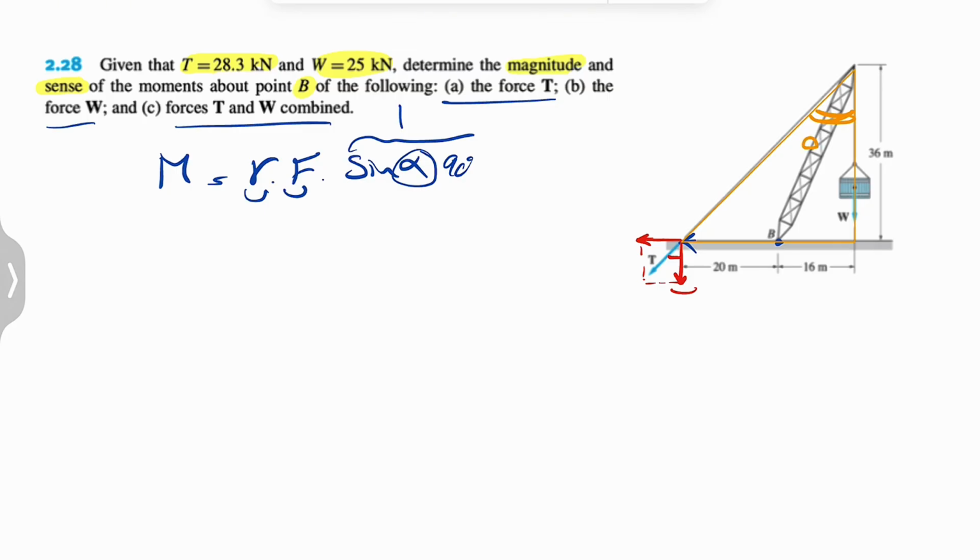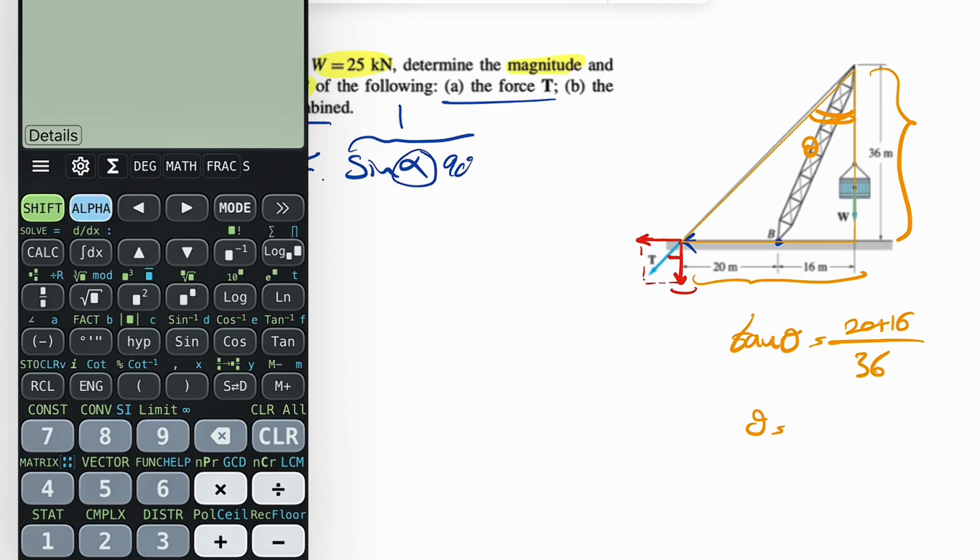So let's just call that angle theta. So tangent of theta would be the opposite, which is this side, 20 plus 16, over the adjacent 36, this side. So we can find theta, and that's going to be tangent inverse of 36 over 36, which is 45 degrees.